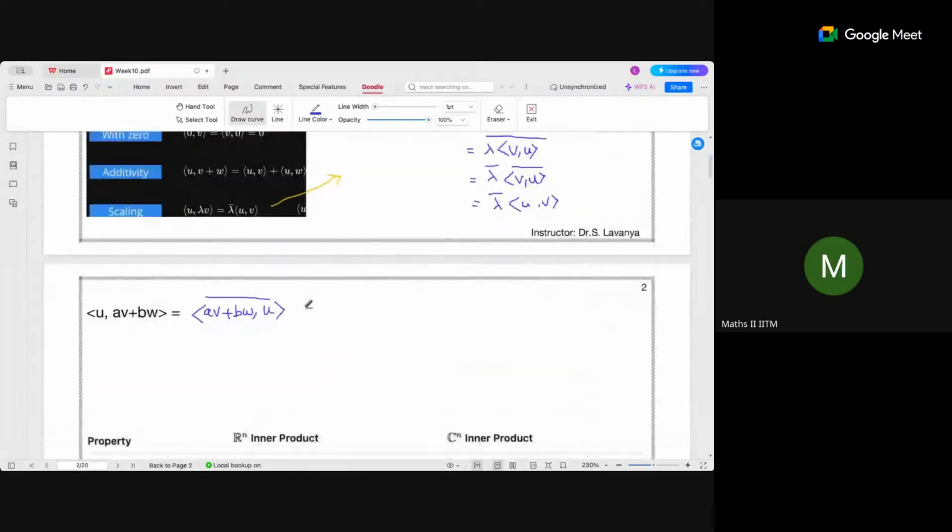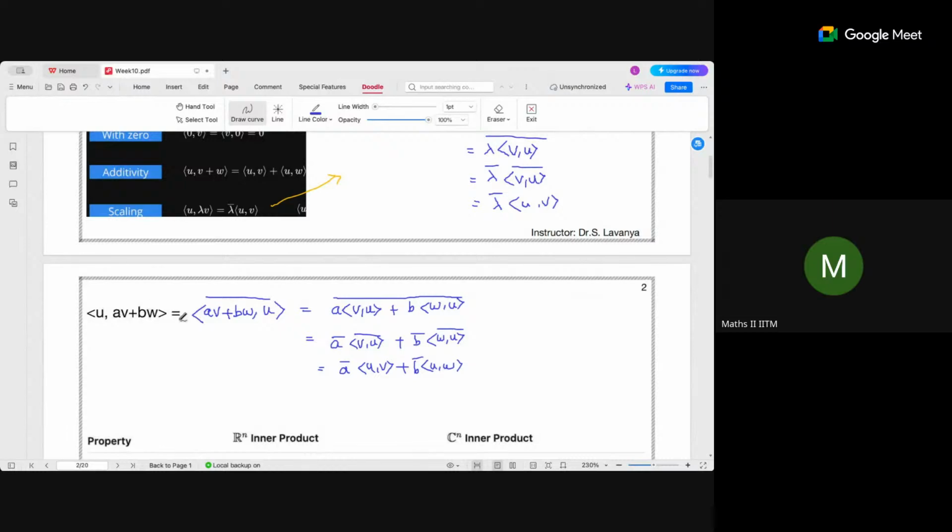You will get a times the inner product of v comma u plus b times the inner product of w comma u, and then you have a whole bar. Inside the complex conjugate you can easily split things, so you have a bar times the inner product of v comma u, bar, and b bar times the inner product of w comma u, bar. Again, let's apply conjugate symmetry to these two terms: a bar times the inner product of u comma v plus b bar times the inner product of u comma w.